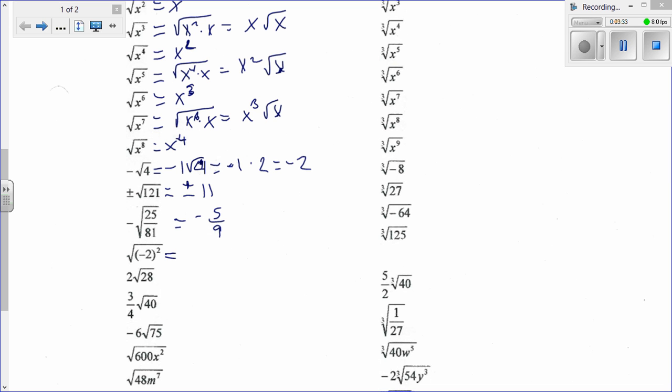Well, actually what we should say is if I take negative 2 and I square it, I get 4, and the square root of 4 is then 2. And if you look at all of our answers from here to here, you see that they're all whole numbers. I don't have a radical left in my answer. So these are what we call rational.